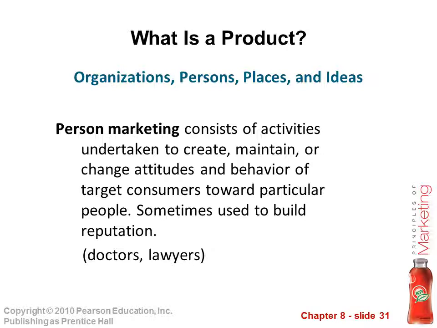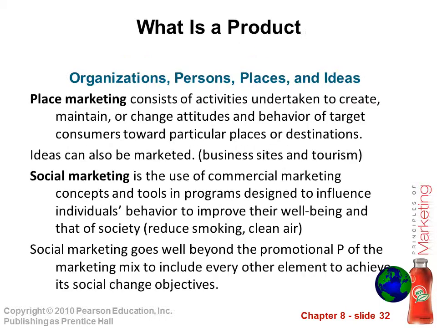It consists of activities undertaken to create, maintain, or change attitudes and behavior of target consumers toward particular people, sometimes used to build reputation, like doctors and lawyers. Place marketing consists of activities undertaken to create, maintain, or change attitudes and behavior of target consumers toward particular places or destinations.